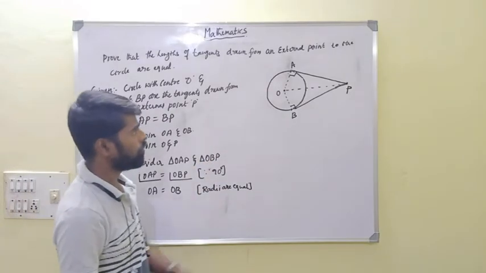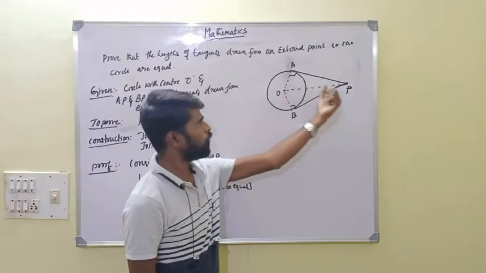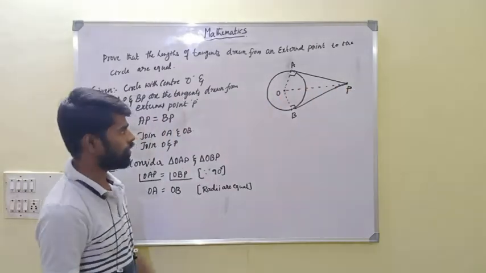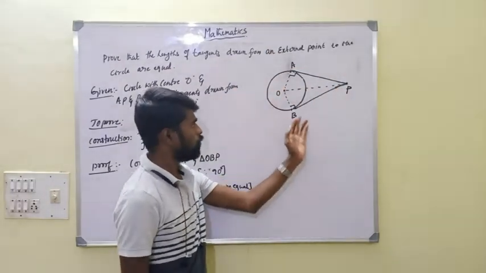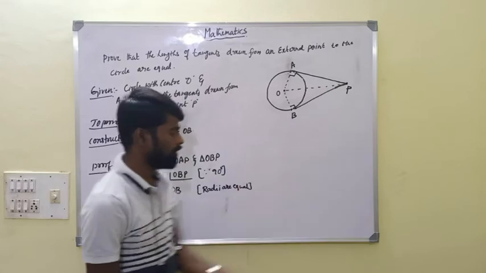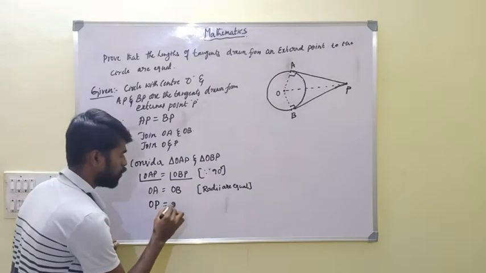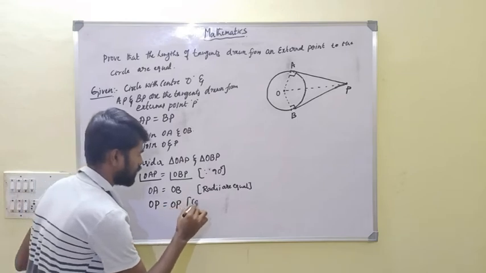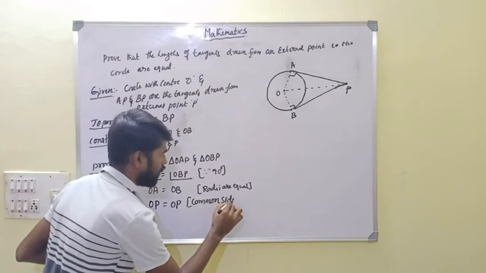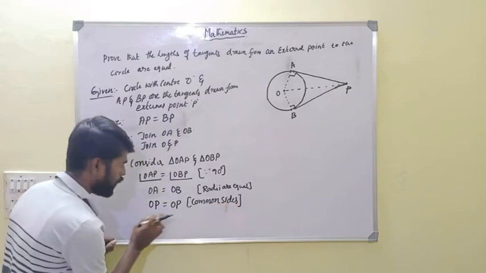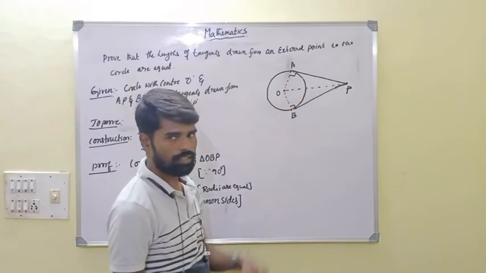And also observe, for these two triangles the side OP is common. For AOP, OP is there. For OBP also, OP is there. So here OP is equal to OP, common side. Also, OP is the hypotenuse for these two triangles.